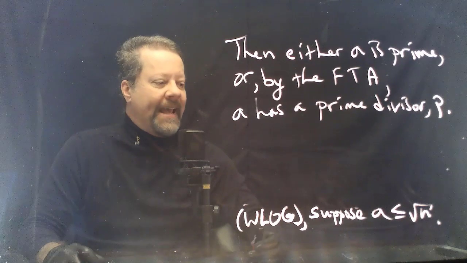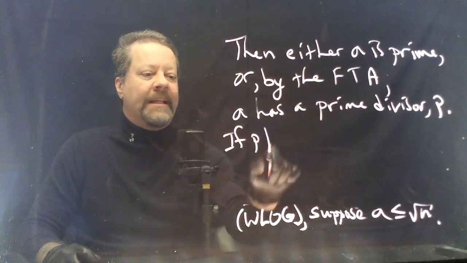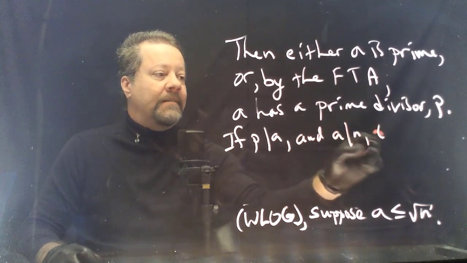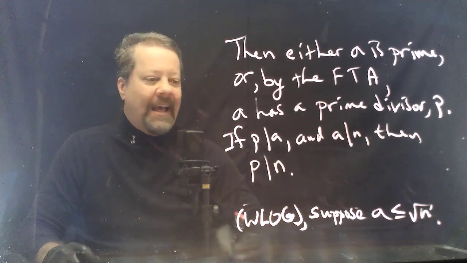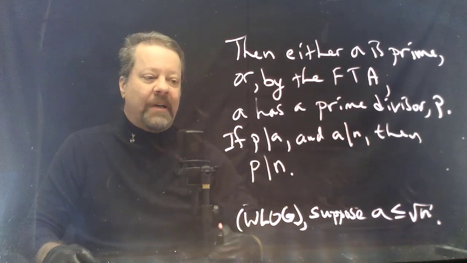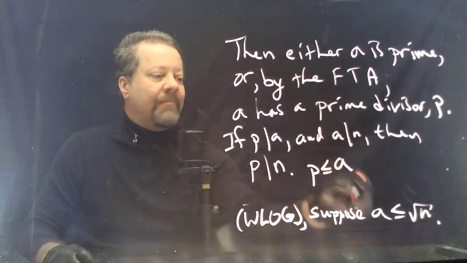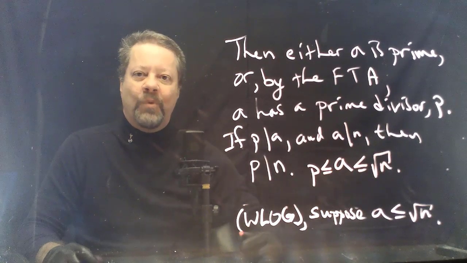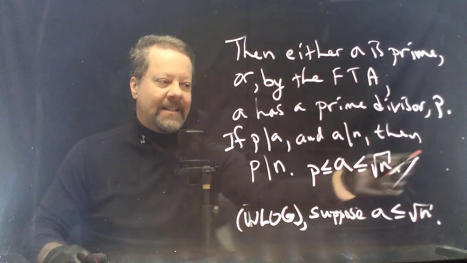So if a has a prime divisor, if p divides a and a divides n, then p divides n. And that means n has a prime divisor. What is more, p is less than or equal to a, and that's less than or equal to the square root of n. So that prime will be no bigger than the square root of n. That's the end of the proof.